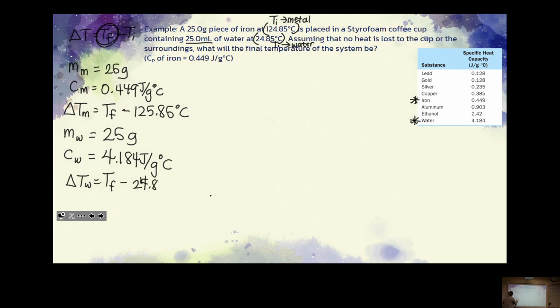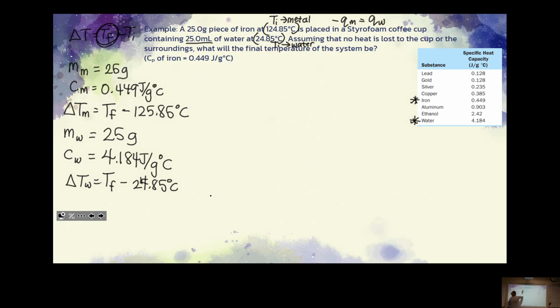All right, and then we have final and initial. So because we know that negative Q of the metal is equal to Q of the water, their final temperature, they're going to meet an equilibrium. Okay, so their final temperature is going to be the same. So I say that because algebraically that's going to come in handy when you combine like terms.